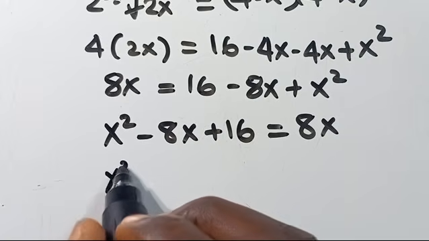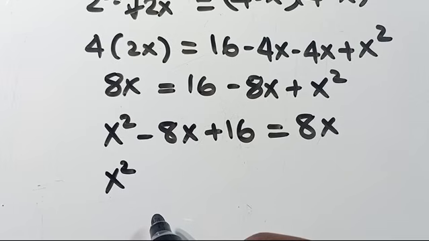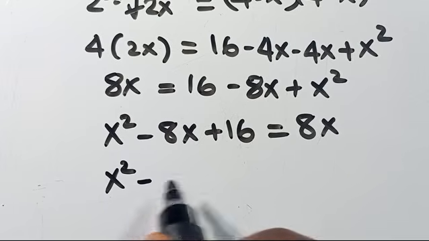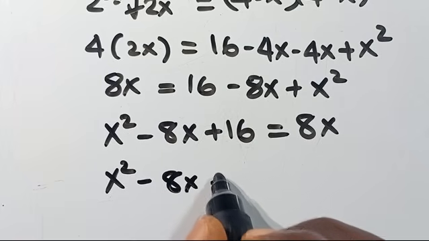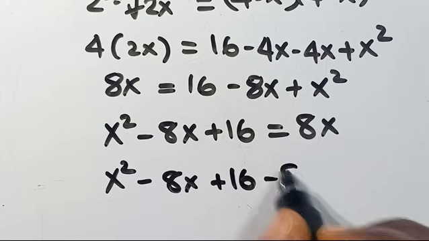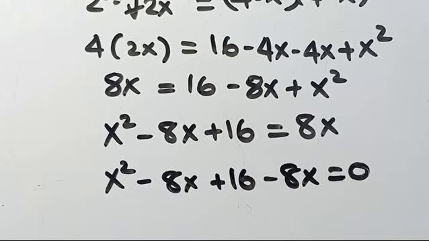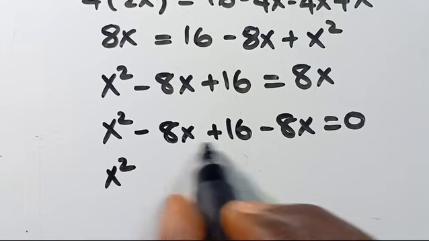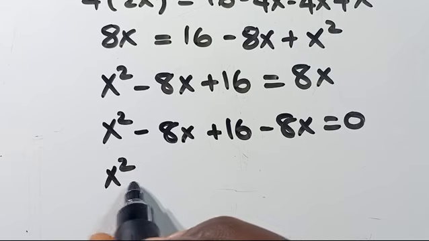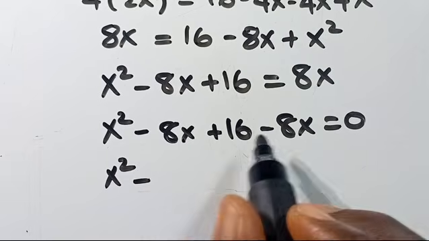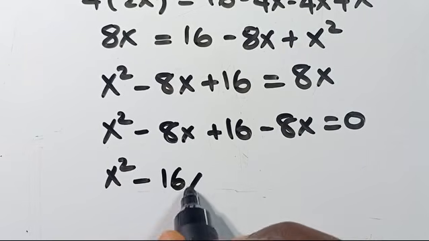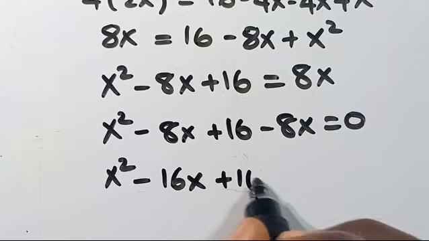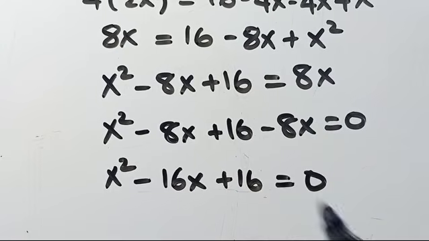We have x squared minus 8x plus 16 minus 8x equals 0. We have x squared, 8x minus 8x will be minus 16x plus 16 equals 0.